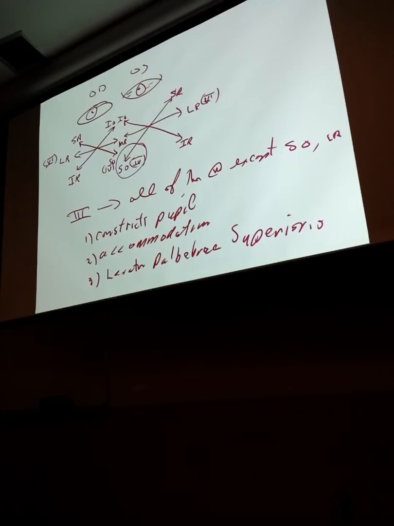Now the elevation and depression is always accomplished by a combination of the recti and superior and inferior obliques. And the field of action is such that the obliques are more important when the eye's turned in, the eye's adducted, as opposed to when it's abducted, when it's turned out.